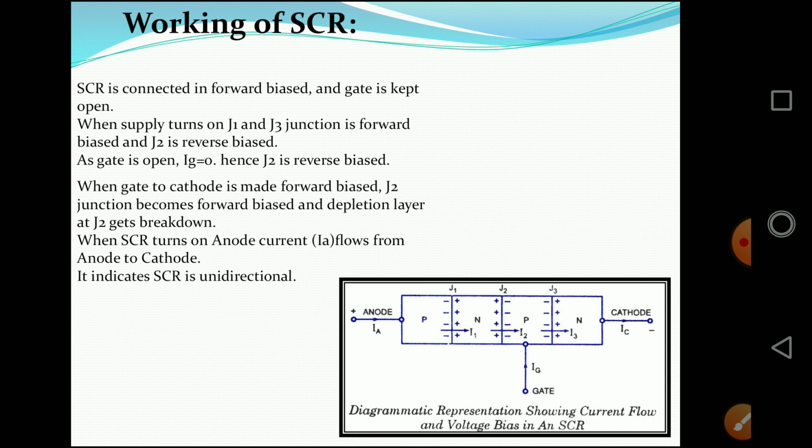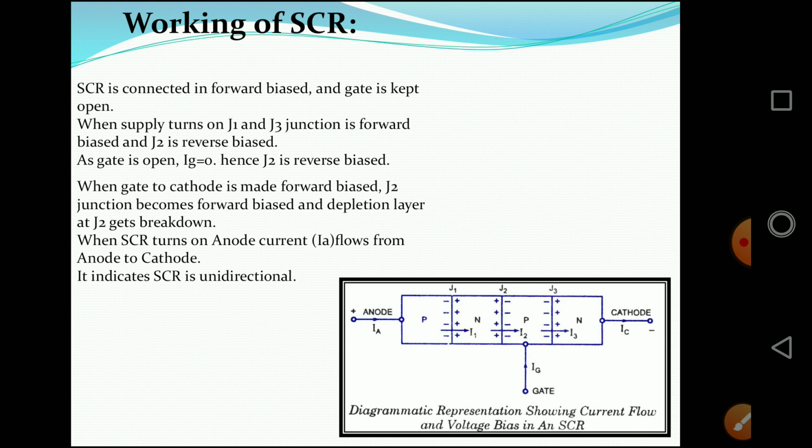Even so, if the forward voltage from anode to cathode goes on increasing beyond the breakdown voltage, then this depletion layer may break down, and the current from anode to cathode flows.